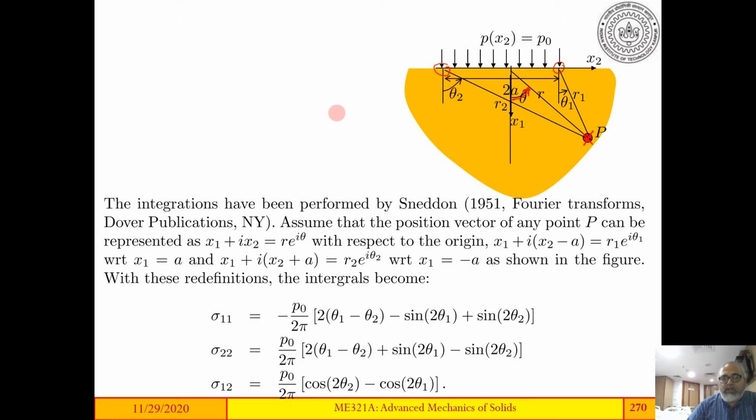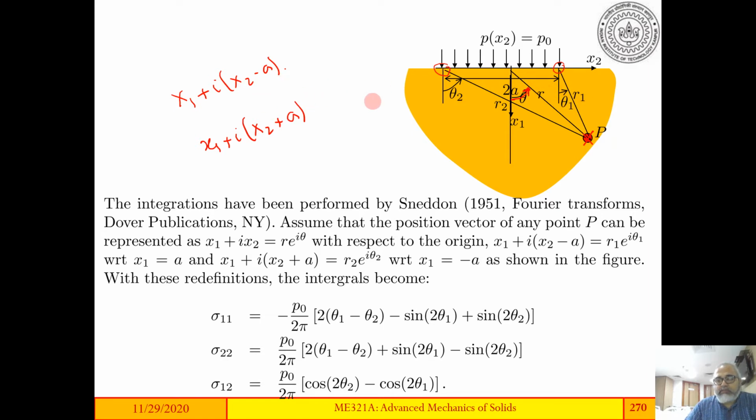Therefore, this is x1 plus i x2 plus a, whereas this is x1 plus i x2 minus a.